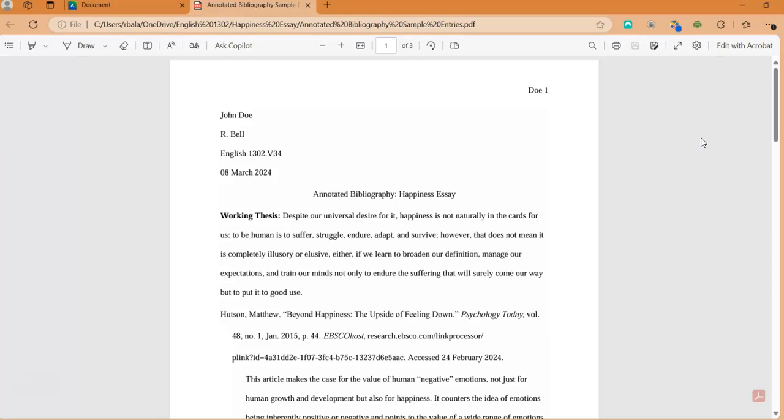The purpose of the annotated bibliography is to present that working thesis to a professor and also to yourself, right? Because you can't really start writing the paper at all until you have that thesis in place, until you have the sources in place, and then later until you have the outline in place. But this is a preparatory step before we get to the outline that will help you think through the basic points of your essay.